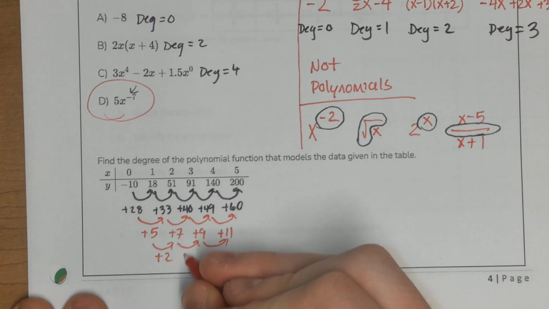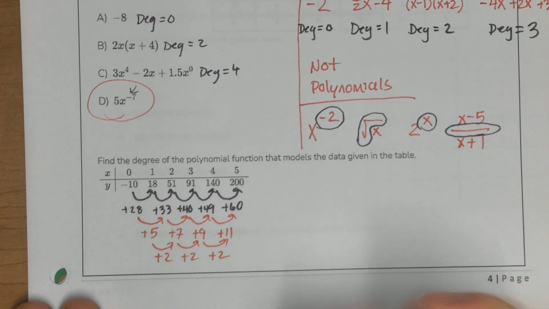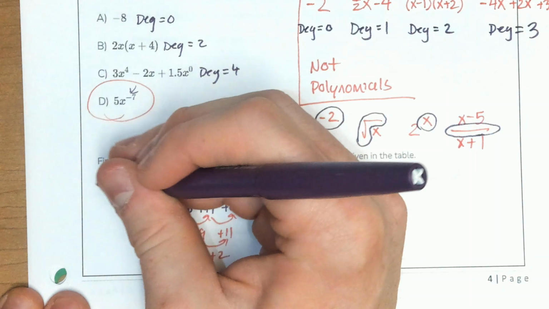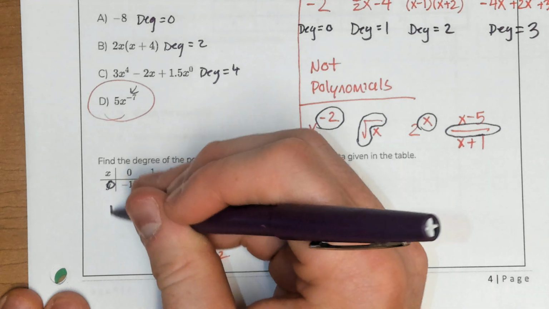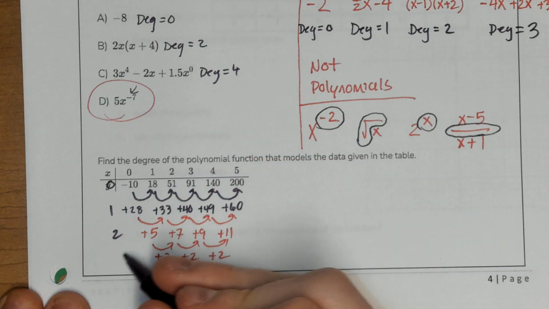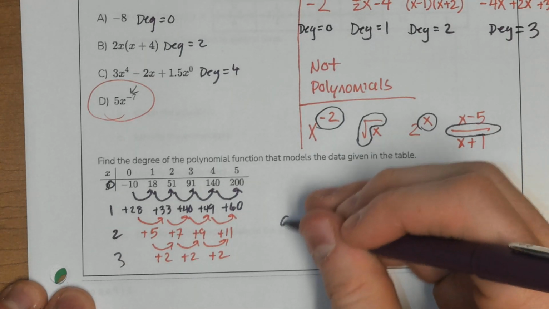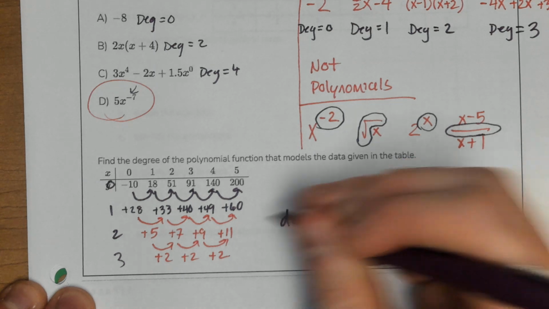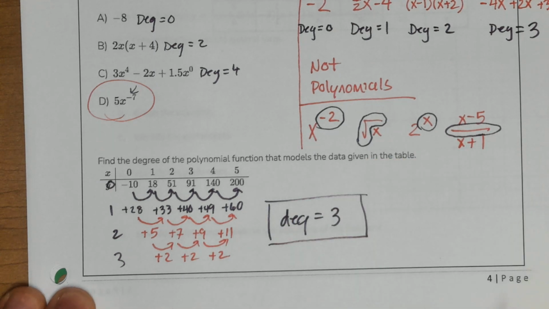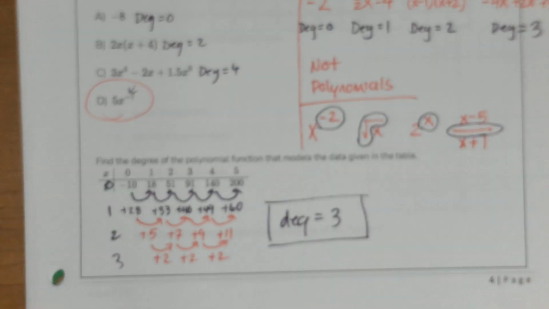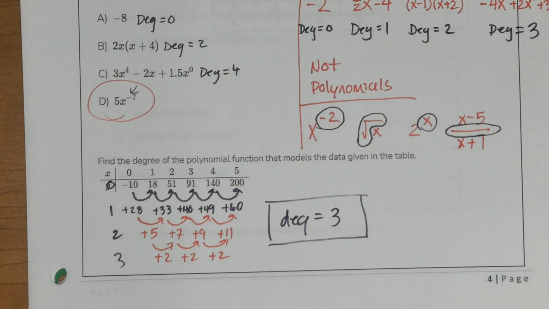It's going to be a plus 2 difference. We got our constant value. This would be considered degree 0, degree 1, degree 2, and with that set, it's going to be degree 3. So we know that our leading exponent is going to be to the power of 3.